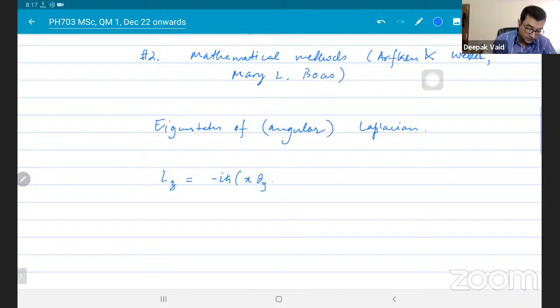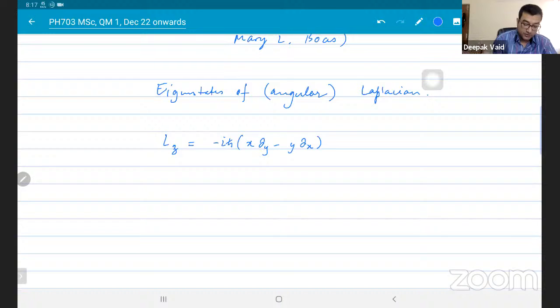So this is y d/dx. Now if you switch to either polar coordinates or spherical coordinates, either way it doesn't matter, this Lz becomes -iħ d/dφ. Are you all comfortable with me just leaving this here, and is it something that you can work out on your own?